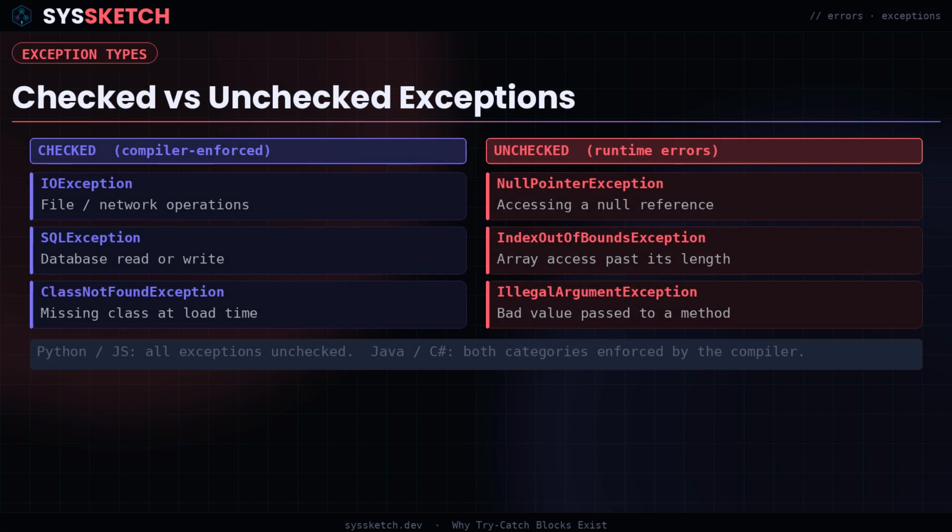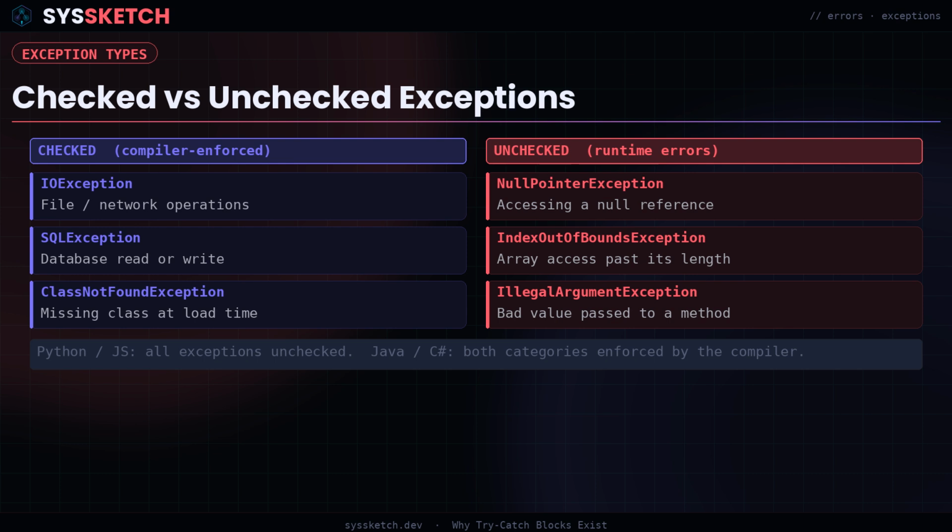Not all exceptions are the same kind of thing. In statically typed languages like Java and C#, the compiler distinguishes between checked exceptions, which you are required to handle or declare, and unchecked exceptions, which the compiler does not enforce. IOException and SQLException are checked. If you call code that throws them, you must acknowledge that possibility.